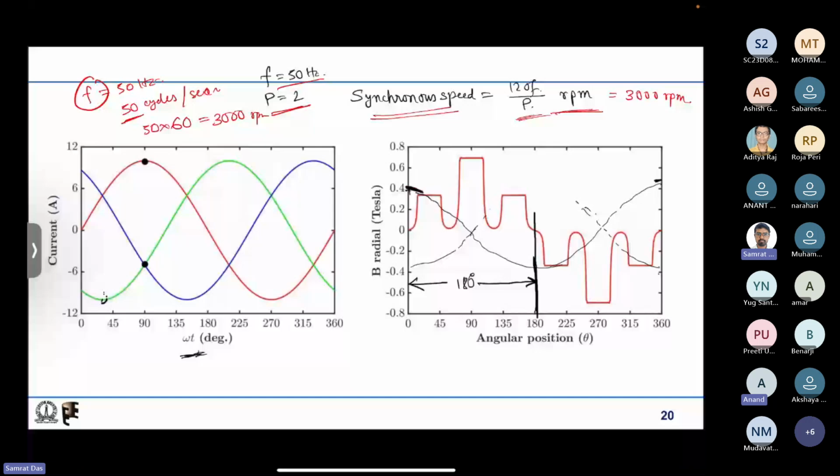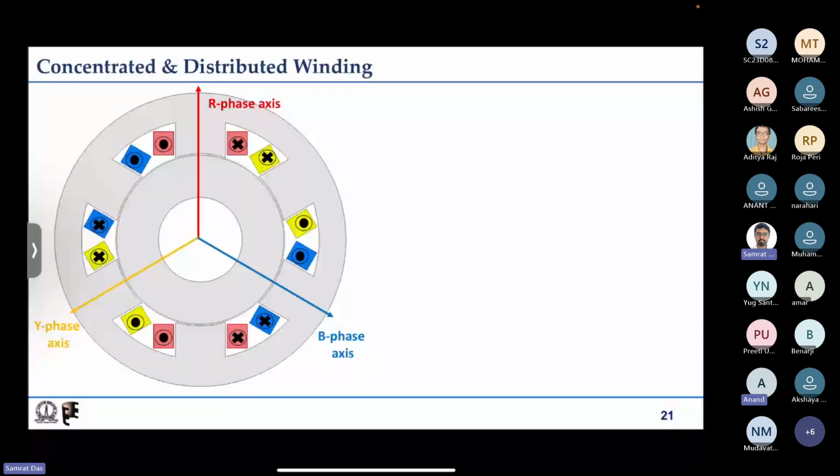Like earlier, you had shown one stationary field plot, right? Very beginning, one stationary plot. Now, whatever we were discussing is that we have stator poles, and then the windings.